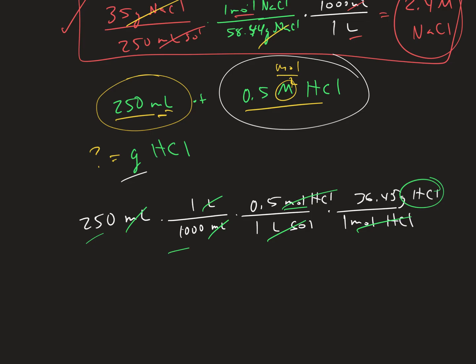Our answer is going to be measured in grams of HCl because that's the only unit we have left. Are we good? It's equal to 36.45. Yeah, 36.45 grams per mole is the molar mass of HCl. Are we good?